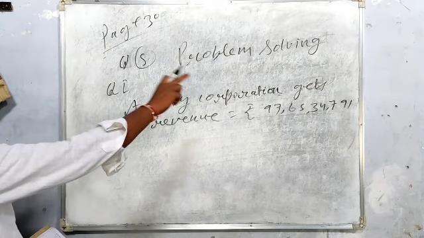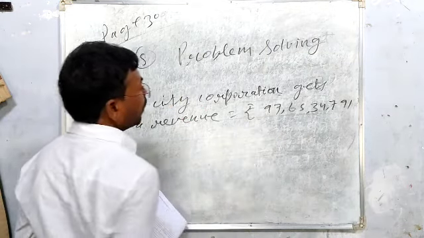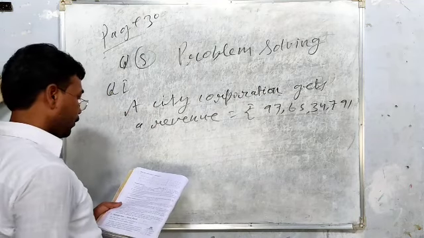A city corporation gets a revenue of 97 crore 65 lakh 34,791.